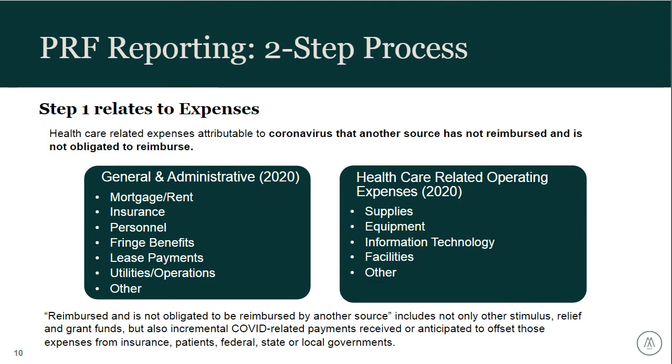I really want to take a step back for a second and think about this. When we contemplate the reporting guidelines as they're currently outlined in this November 2nd document, it really has the feel that we're going to calculate our expenses that have not been covered by another source and report that out into these bucketed areas under the G&A and the healthcare-related expenditure side.